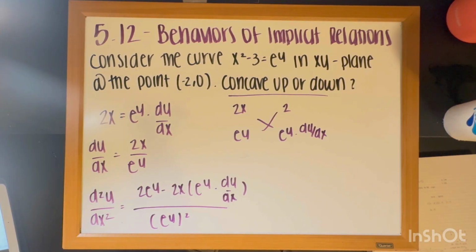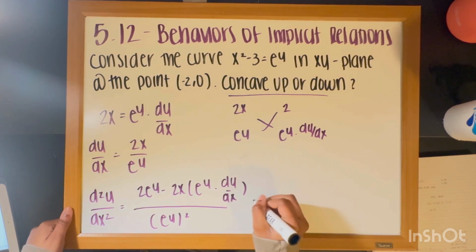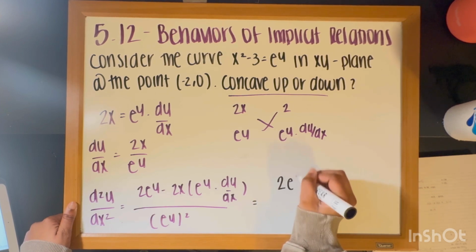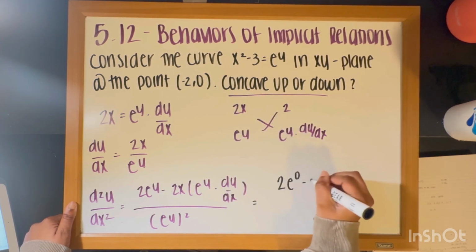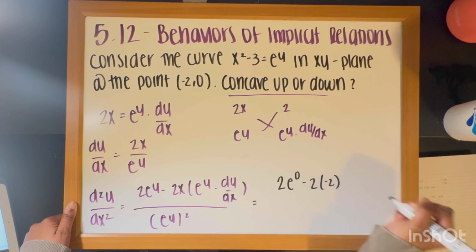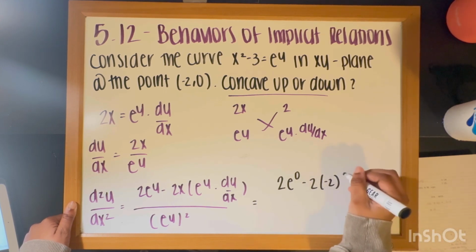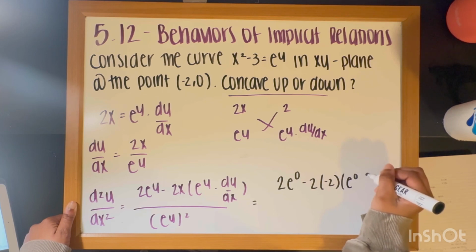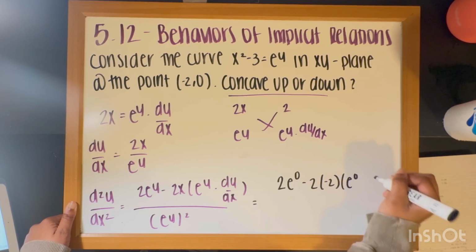So now that I have my second derivative, all I have to do is plug in my points into the corresponding variables. So that gives me 2e to the 0 minus 2 times negative 2 times e to the 0 of dy dx.